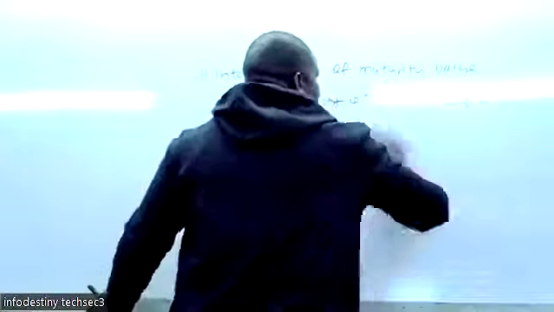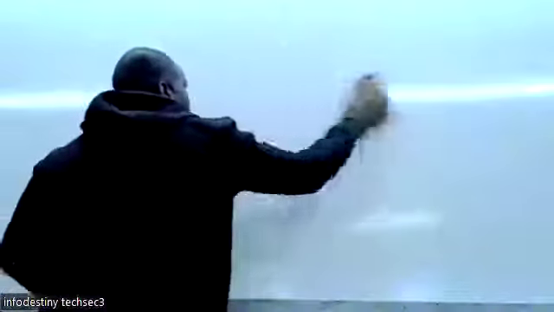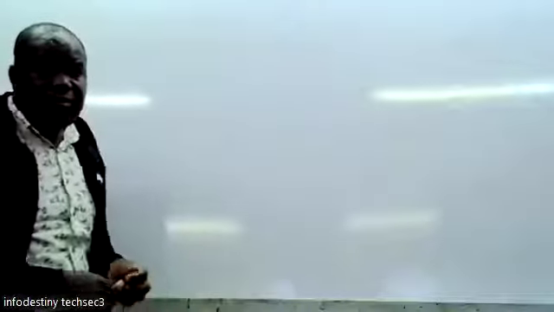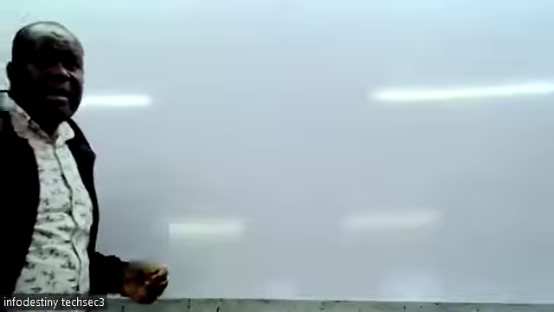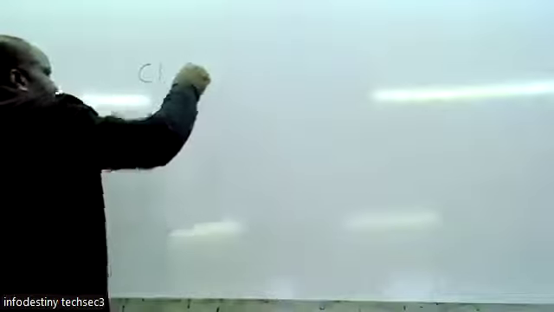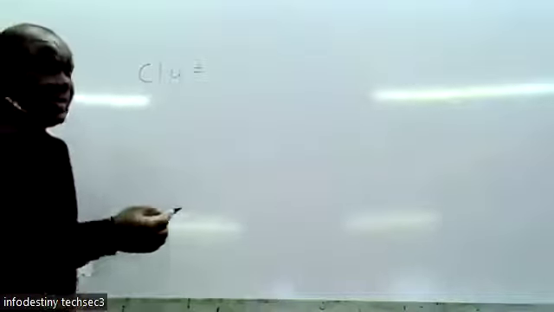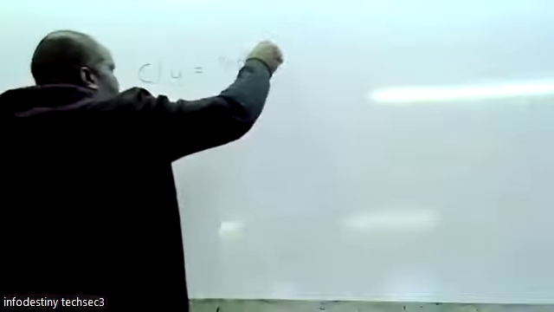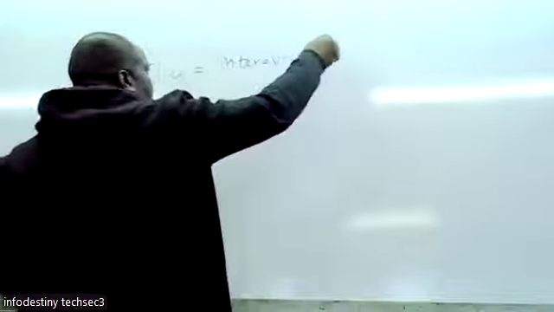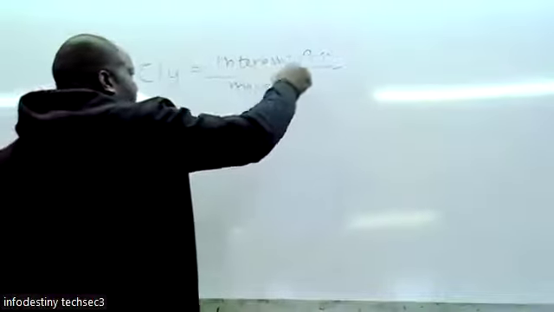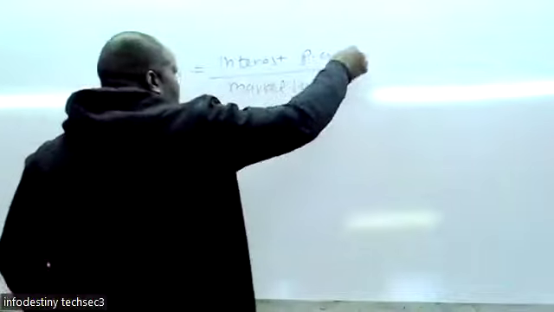So we now check the current yield to maturity. Remember, it is current yield. I gave you the formula for the current yield in the previous question. So current yield should be given by interest per annum divided by market value.